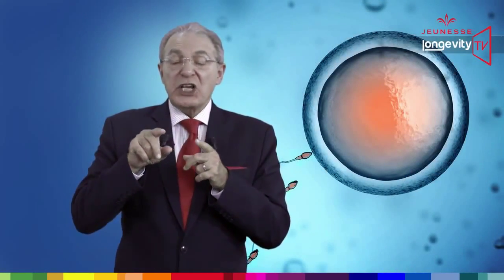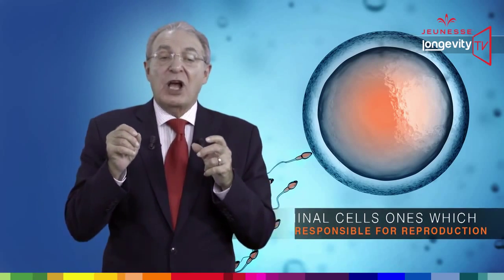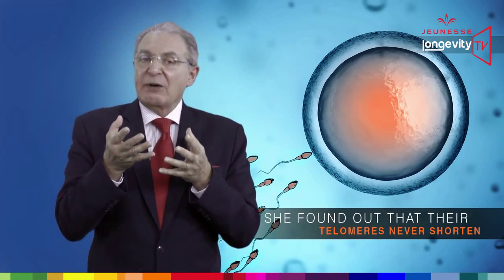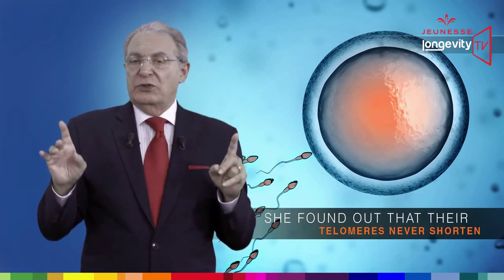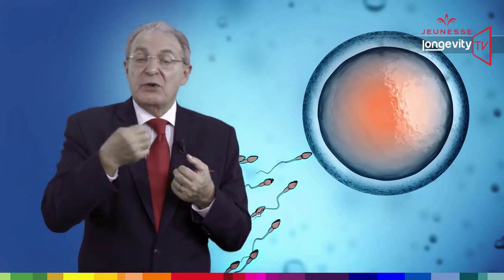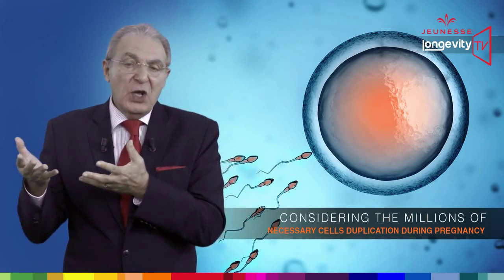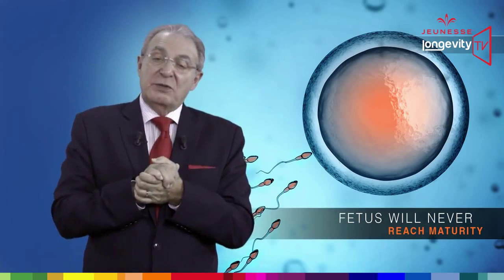While she was working on germinal cells, the ones responsible for reproduction, she found out that their telomeres never shorten. And this is a natural miracle, in the sense that life would be impossible if an embryo inherited short telomeres from its parents. Considering the millions of cell duplications necessary during pregnancy, all the cells would reach senescence in a few days, and the fetus would never reach maturity.